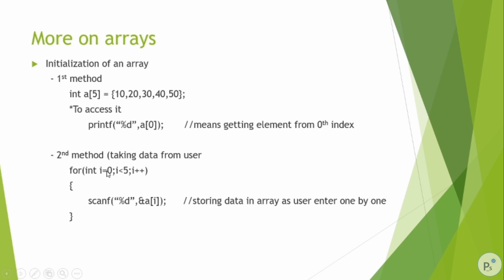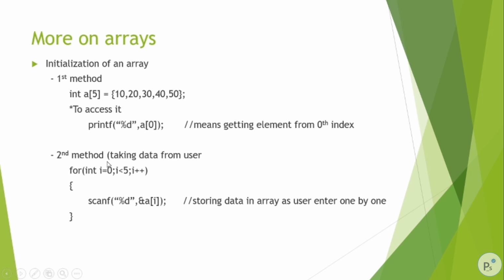Remember, when you declare i = 0 and you want to get 5 elements, the condition should be i < 5. That means 0, 1, 2, 3, 4, so 5 elements are done, because we are starting from 0. You can also start from 1.